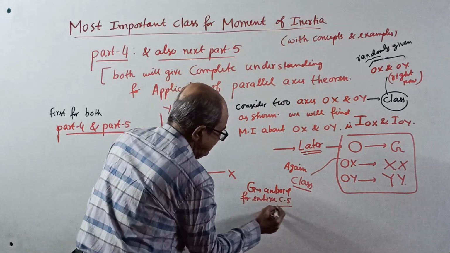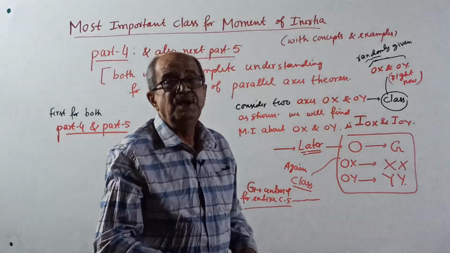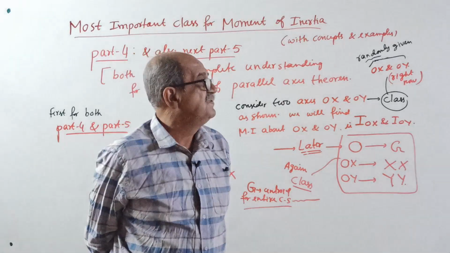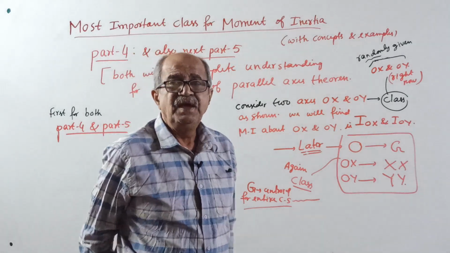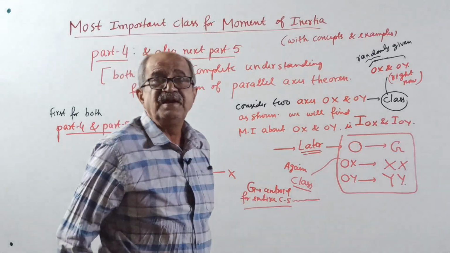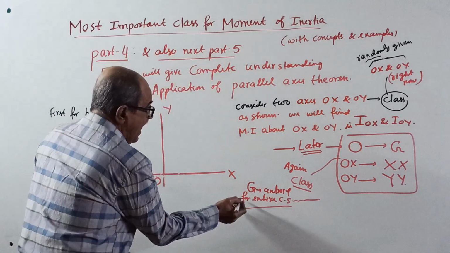Entire cross section means when the cross section consists of multiple parts, multiple rectangles, triangle, rectangle with a semicircle, etc. Whatever is there, when multiple parts are there, this capital G, in red color, is the centroid for the entire cross section.